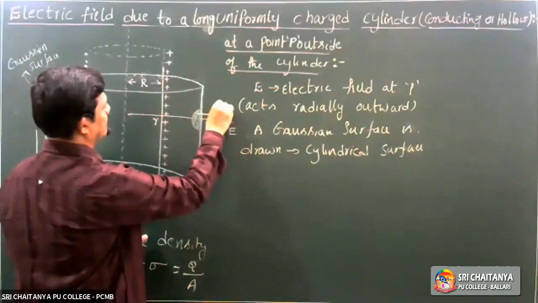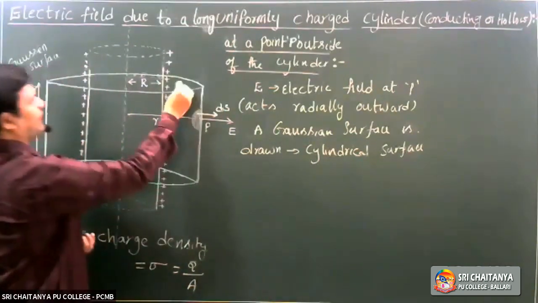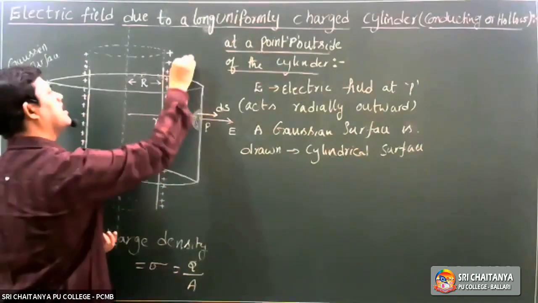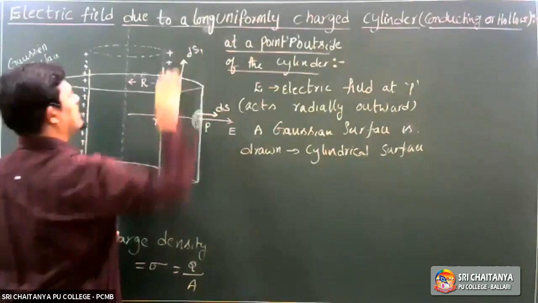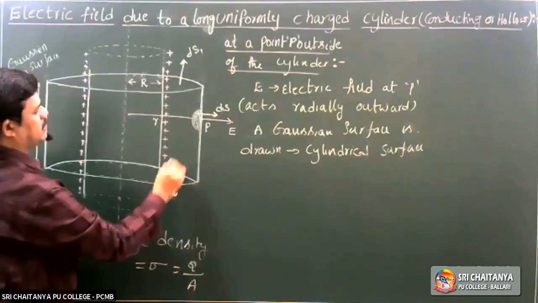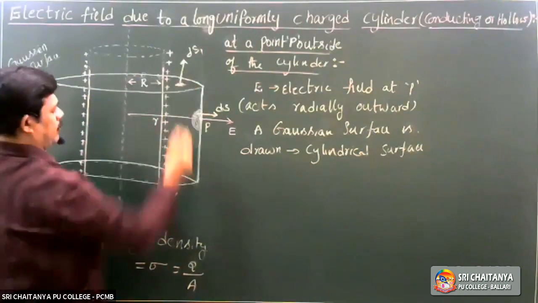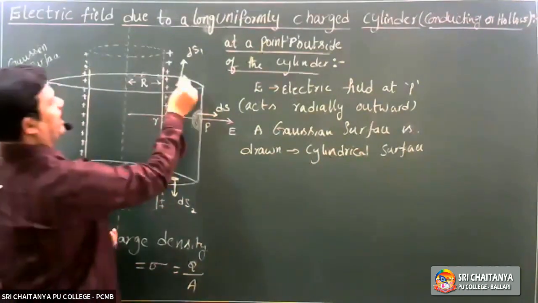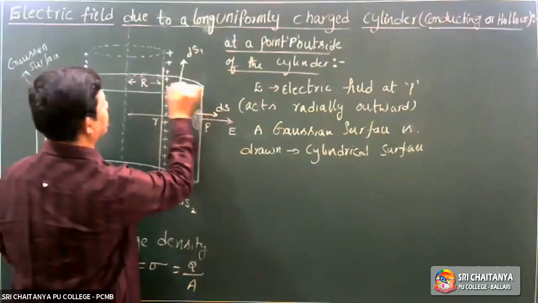In this direction. And for this plane surface and this plane surface, these are the area vectors if I consider small elemental surfaces. And at every point the field direction is like this.